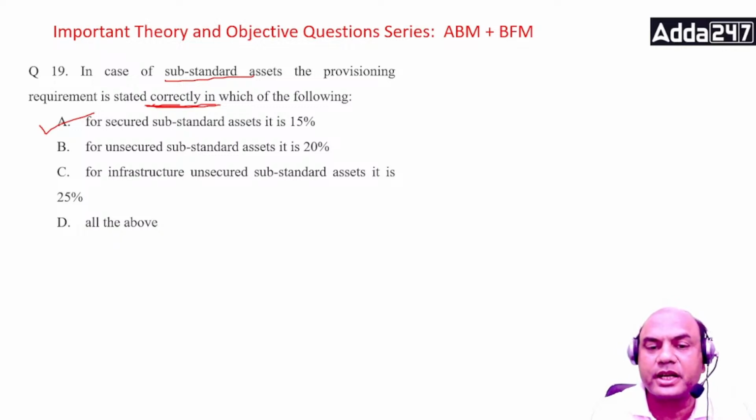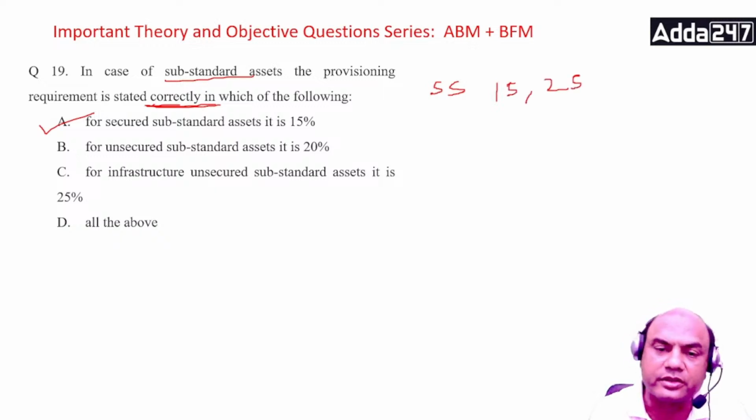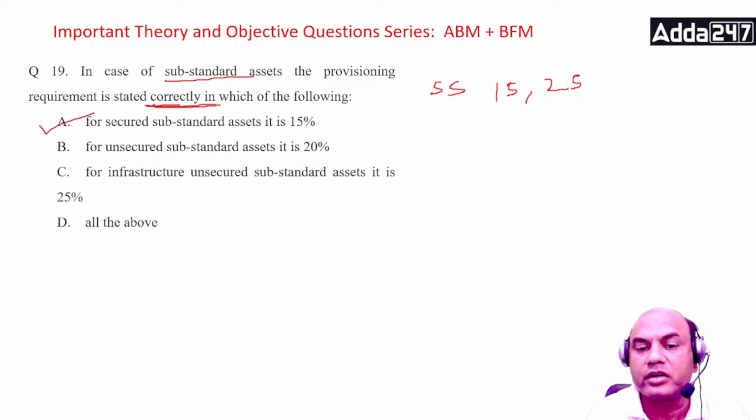Look at this, substandard. Again I'll write it, 15, 25, right? 15 for secured, 25 for unsecured. For doubtful, it is written over here unsecured substandard, which is this unsecured substandard. So it is 25. That is wrong. So this is wrong.